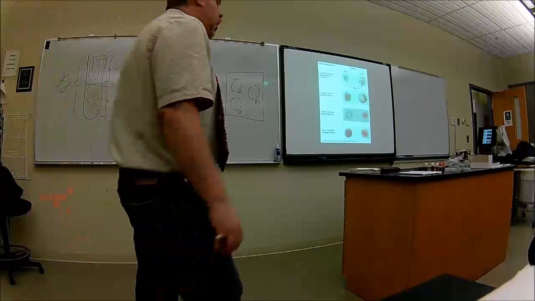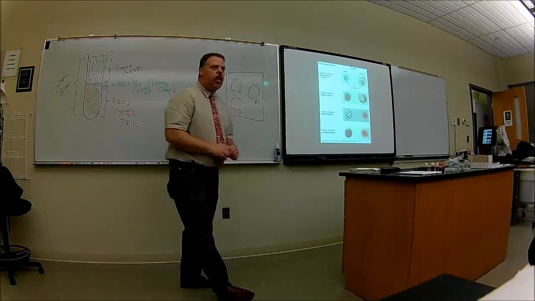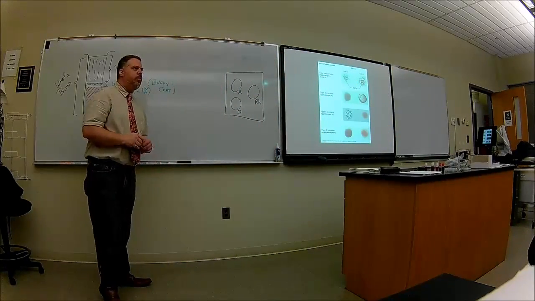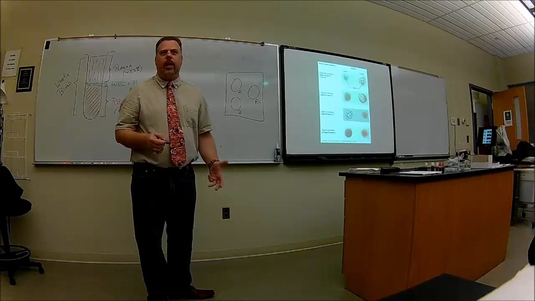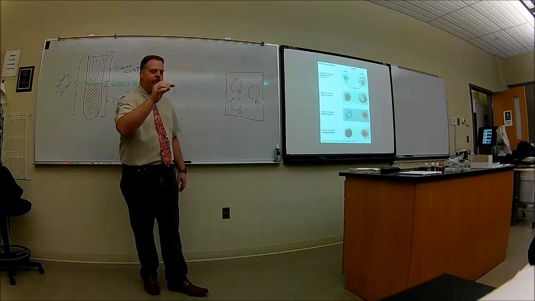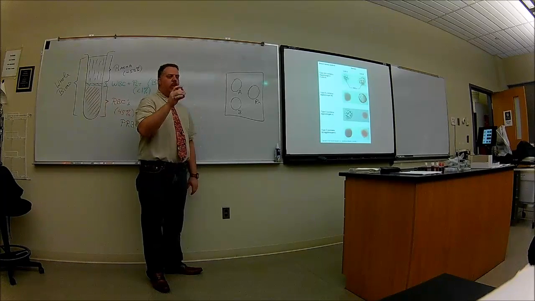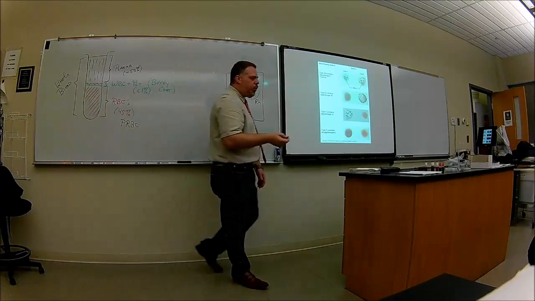Then we have the simulated blood. We used to do real blood, your own blood, but with bodily fluids, we can't do that anymore. So we have the simulated blood, which is okay, but the real blood looks better. In each one of these bloods, I have a few different ones on here.